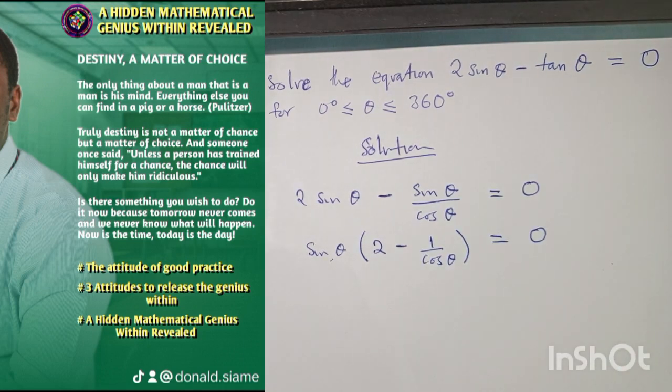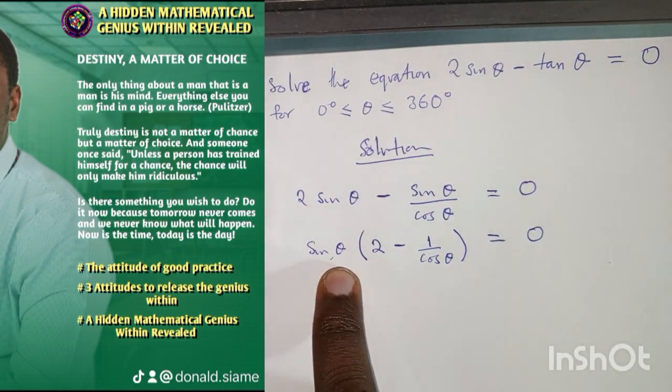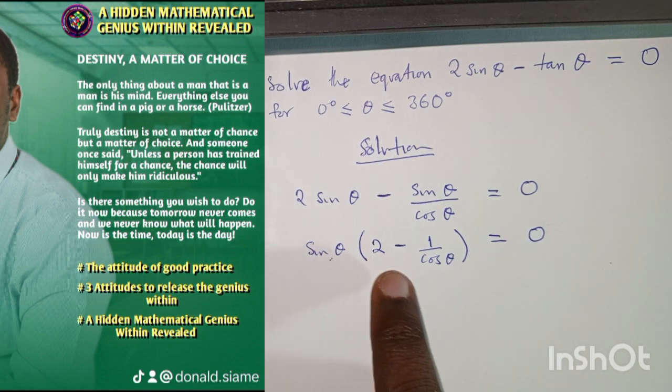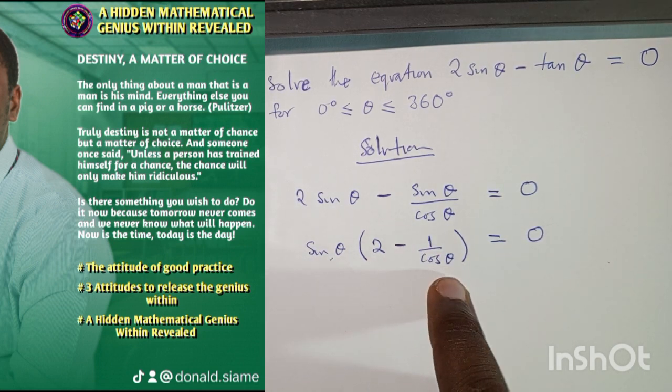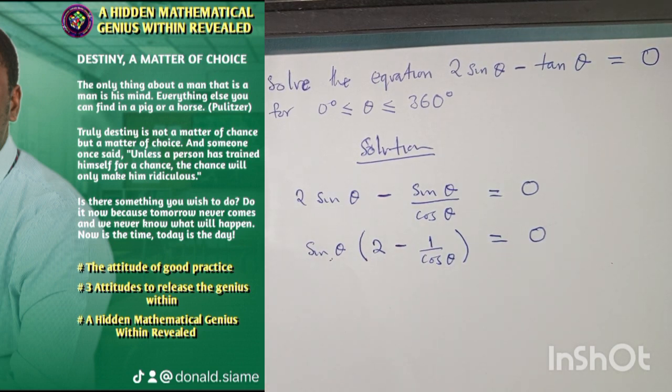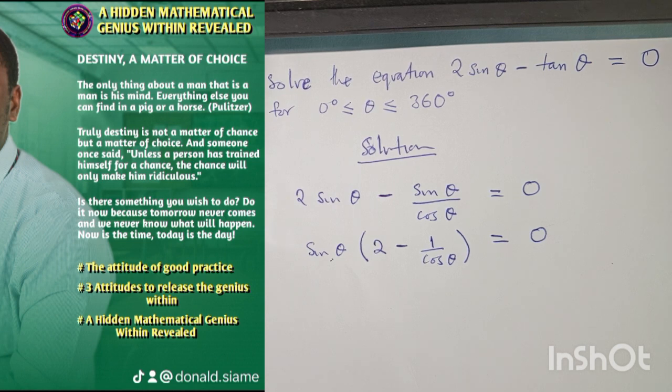Now, we have sine theta multiplied by 2 minus 1 over cos theta. Since there is a product and it is equal to 0, it means either sine theta is equal to 0 or 2 minus 1 over cos theta is equal to 0.